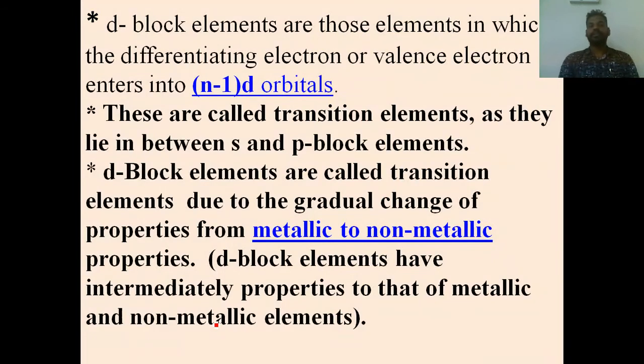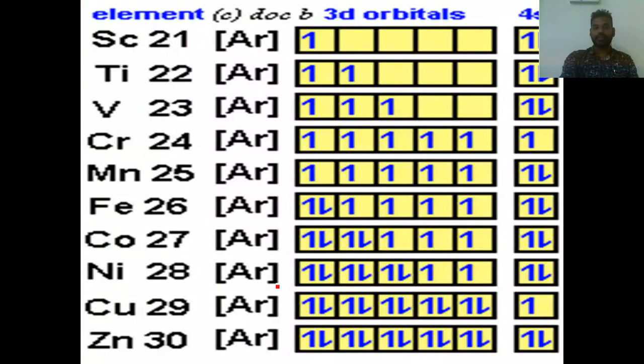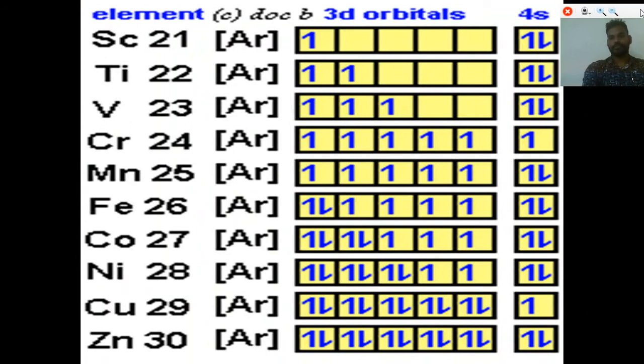And next, d block elements are those elements in which the differentiating electron or valency electron enters into the n-1 d orbital. See here, the successive addition of electrons takes place in the n-1 d orbital.